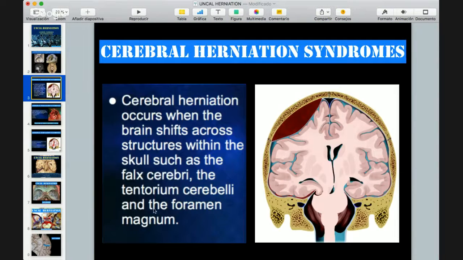There are different kinds of brain herniation. Cerebral herniation occurs when the brain shifts across structures within the skull, such as the falx cerebri and tentorium cerebri, as I said, and the foramen magnum too.